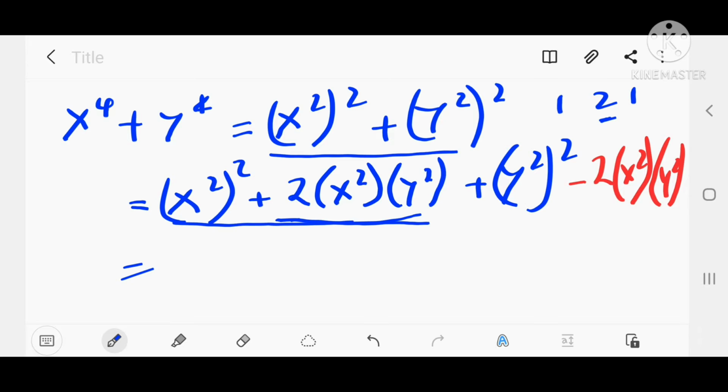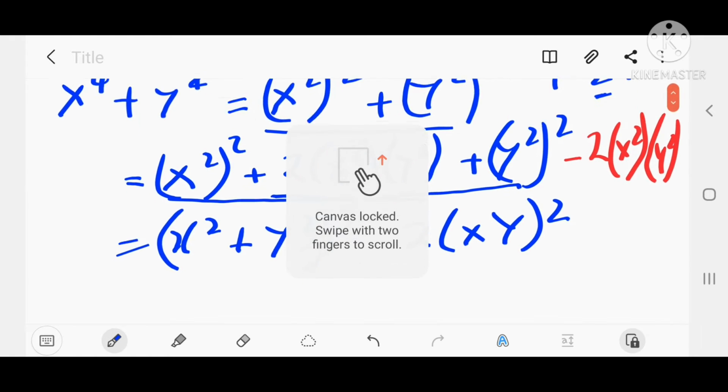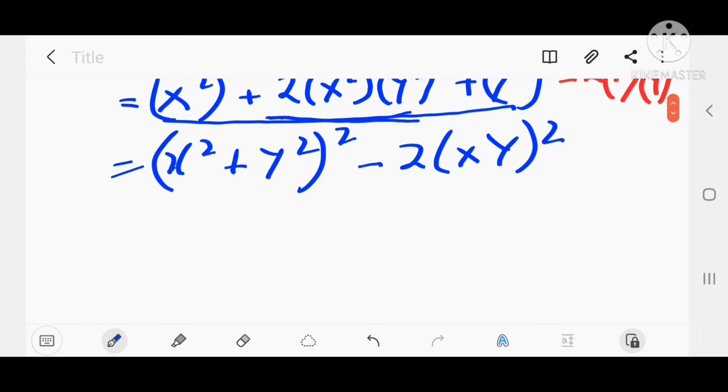so we can factorize this. We have x square plus y square, all exponent 2, then minus 2xy, all squared. That gives us this equal to.